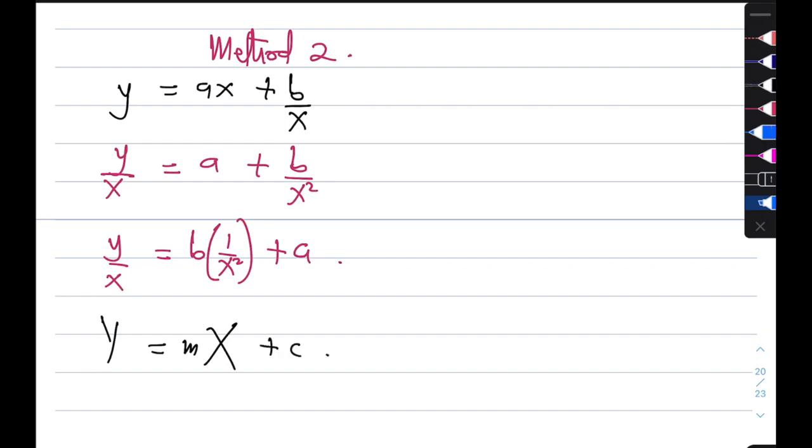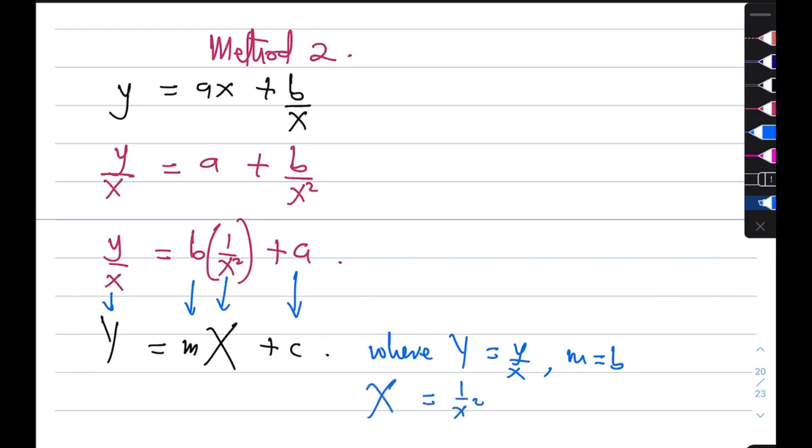If we do compare, we can say that this is in linear form. Our big Y stands for y over x, our gradient is b, our big X is 1 over x squared, and our constant is a. So we have written it in the linear form.